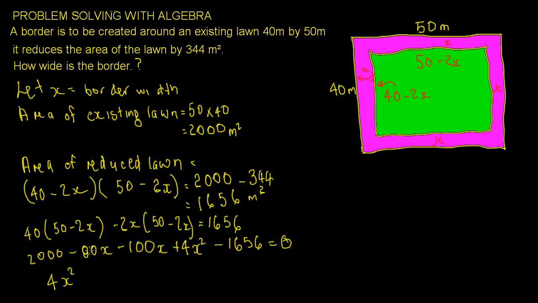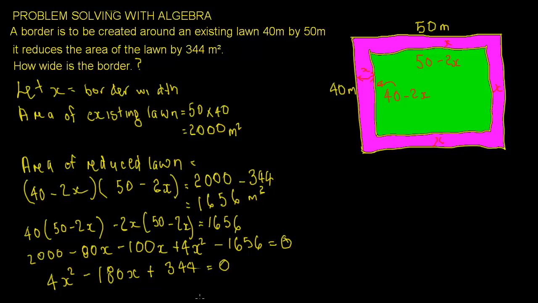Now we've got minus 80x minus 100x, which is minus 180x, and then we've got 2000 minus 1656, which is going to be plus 344 equals 0.